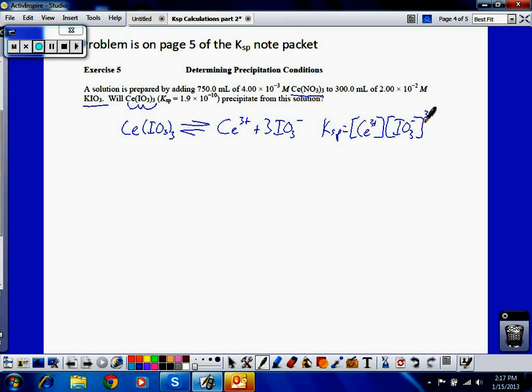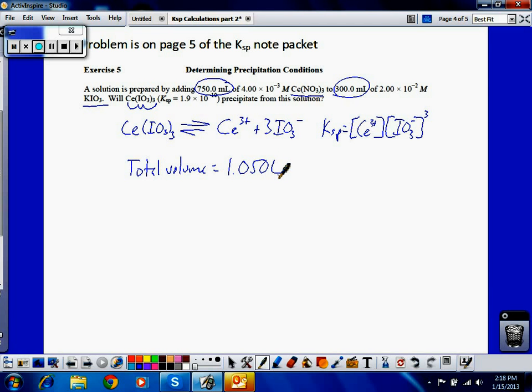Okay, the next thing I have to do is calculate the actual concentration of each of these ions in this solution. Because what I'm doing is taking 750 milliliters of one solution and adding it to 300 milliliters of another solution. So the total volume, when I put those together, is 1.050 liters.